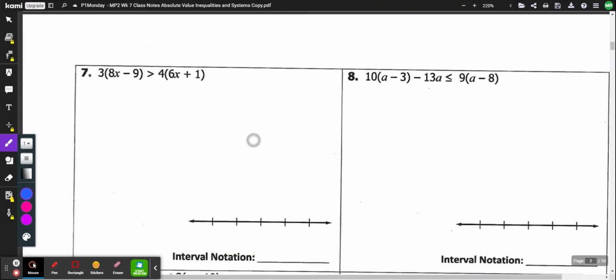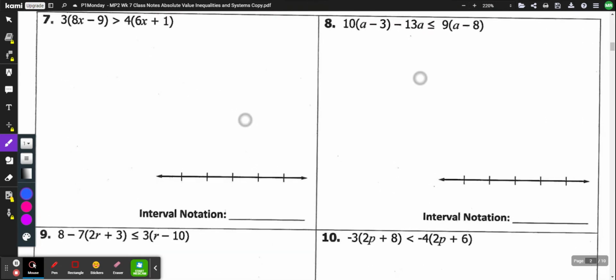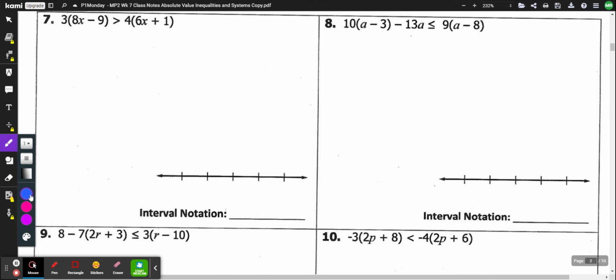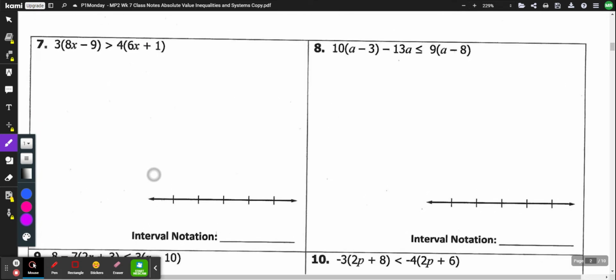Let's take a look at the next 2 examples. I'm going to go a little bit faster on these. Here we need to distribute the 3 first. Remember, we're going to do what's in parentheses first on both sides.